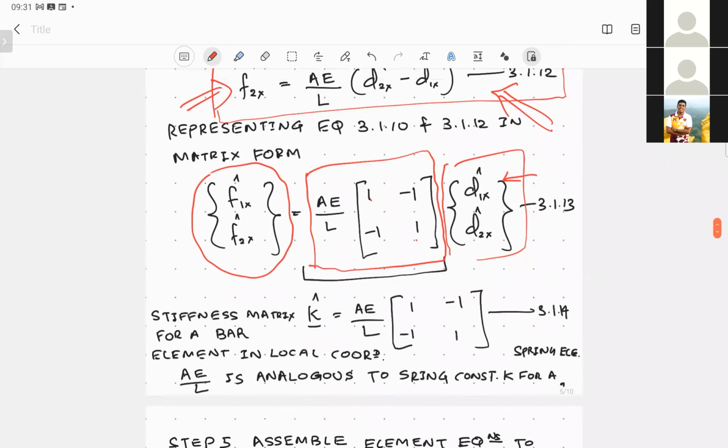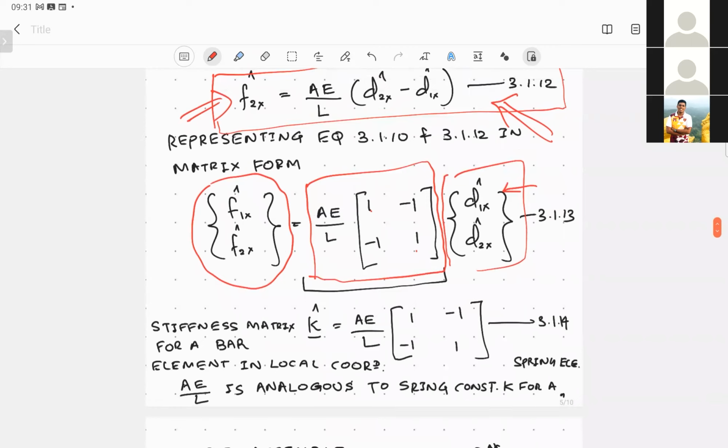What has happened is that the material properties of the bar have gone inside this matrix. Other than that, all the other concepts are almost the same. So the stiffness matrix, we call it an equivalent stiffness. We can express this stiffness matrix for a bar using k hat. Now we are still in the local coordinate system.